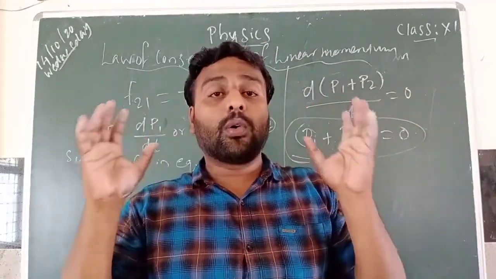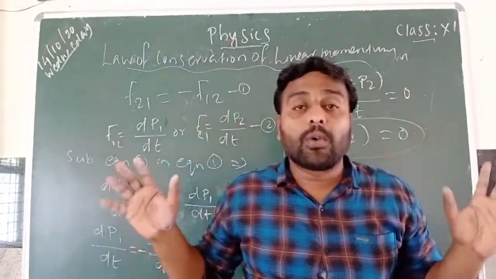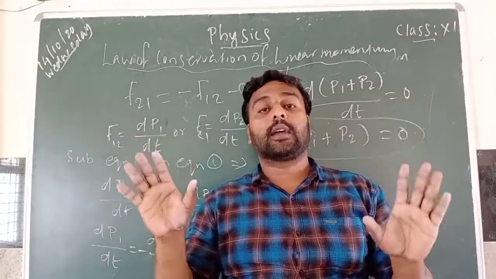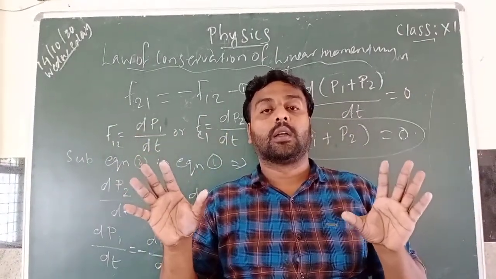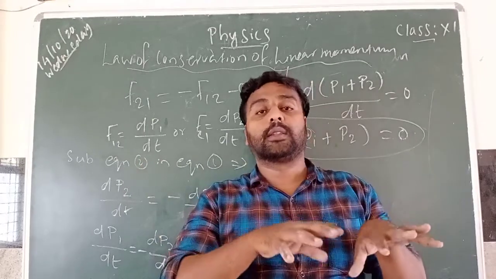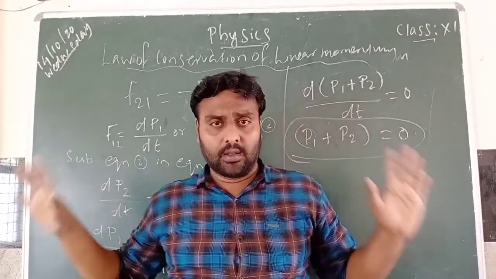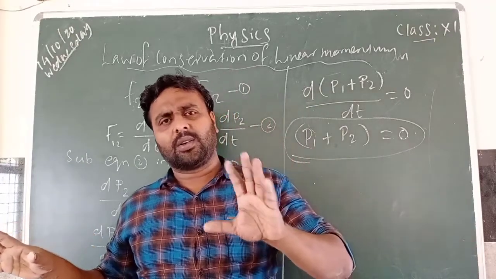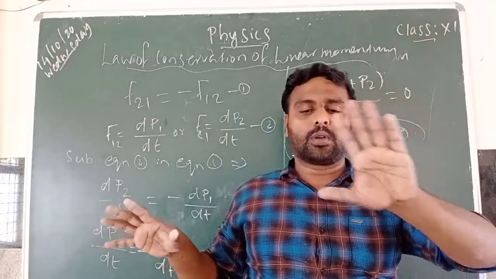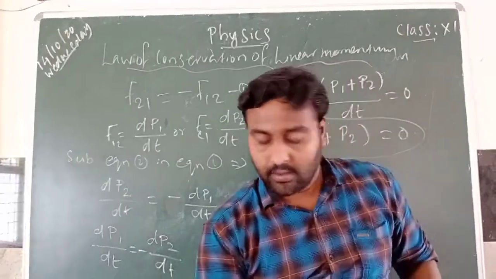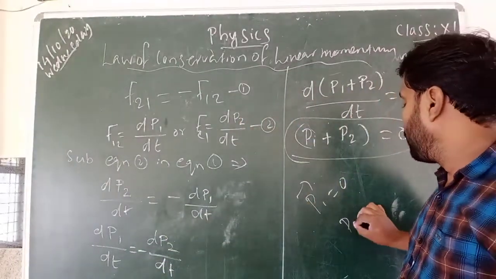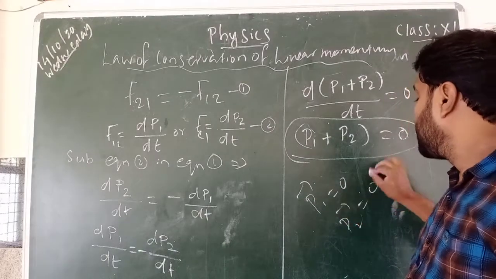In this, before firing, the gun is at rest. The gun is at rest, which means the total linear momentum of this system is initially zero. So for P1 plus P2, the total linear momentum, P1 is equal to 0 and P2 is equal to 0.